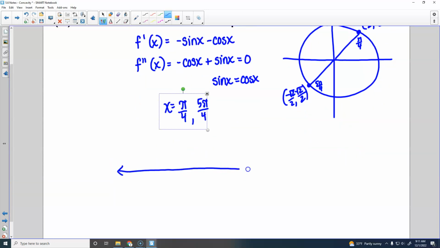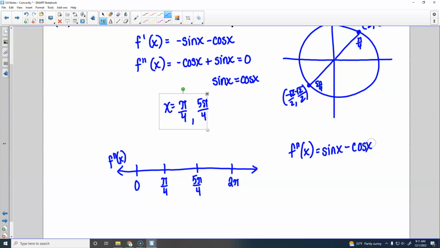We're only looking from 0 to 2 pi, right? And we've got pi over 4 here and 5 pi over 4, and we're going to be plugging into the second derivative. Is that all right with you guys if I write that second derivative as sine x minus cosine x? Instead of having the negative first, I just don't like it like that.